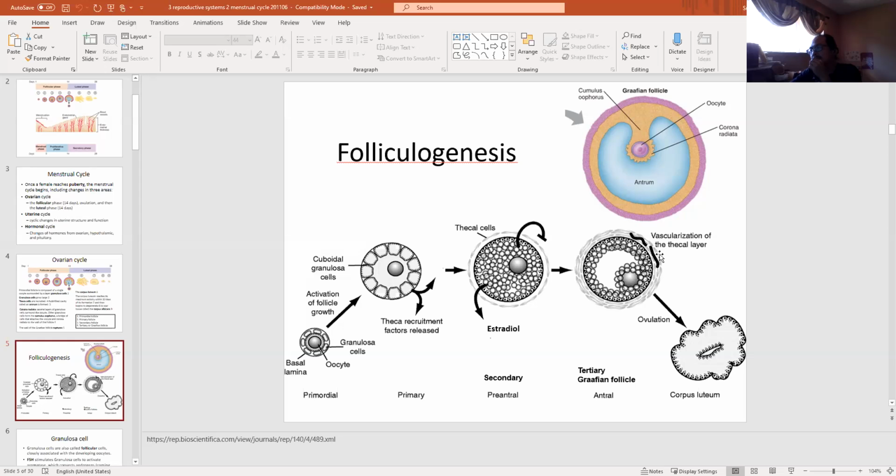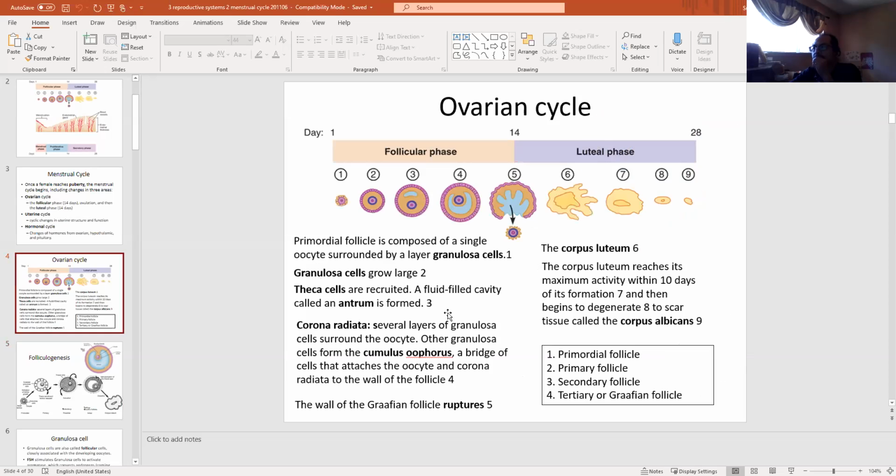There will be some vascularization entering the theca cell layers, giving more nutrients to the follicle. The follicle gets the biggest, and then ovulation. After the ovulation is the corpus luteum, and these entire phases move from the follicular phase into the luteal phase.